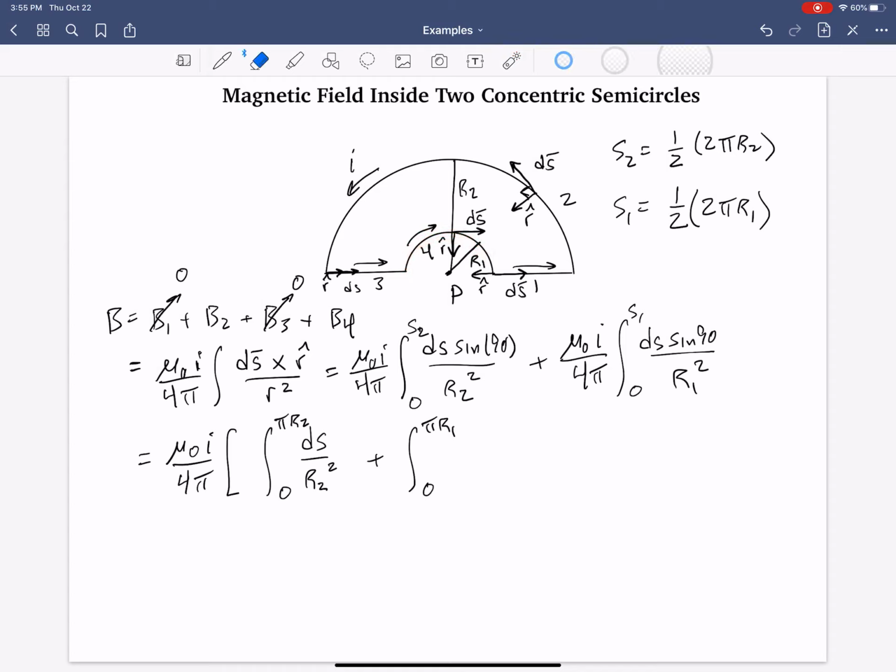So actually, we should switch those limits. Okay, there. And now our integrands are like such, and now we can properly evaluate it.